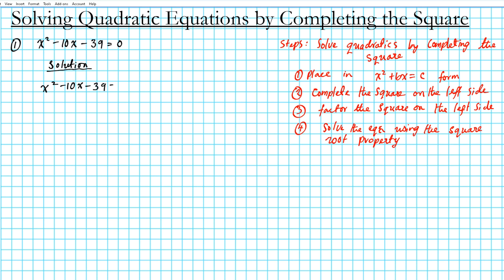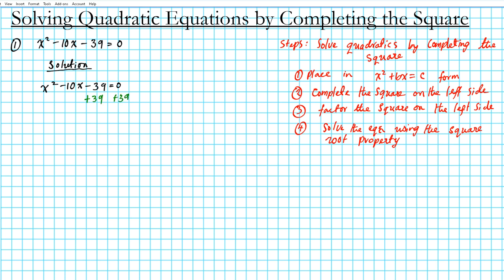So what we're going to do is put it in the x squared plus bx equals c form. It's nice that we don't have a coefficient for a. The coefficient for a is 1, so we don't have to divide by anything. So all we just have to do here is move the constant to the right side of the equation. Okay, so we're going to just add 39 to both sides of the equation.